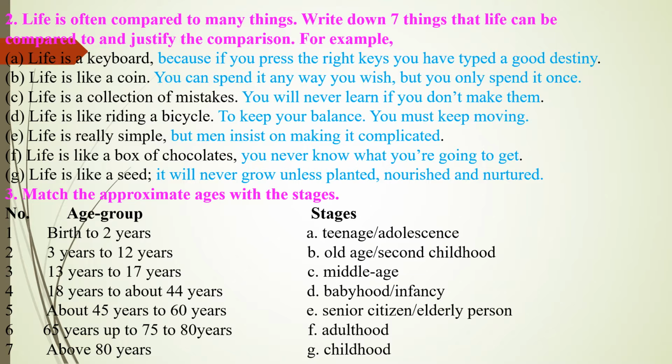So birth to 2 years, what is it known as? Birth to 2 years is infancy, and 3 to 12 years is childhood. 13 years to 17 years is teenage, because after 13 it starts and goes till 17.